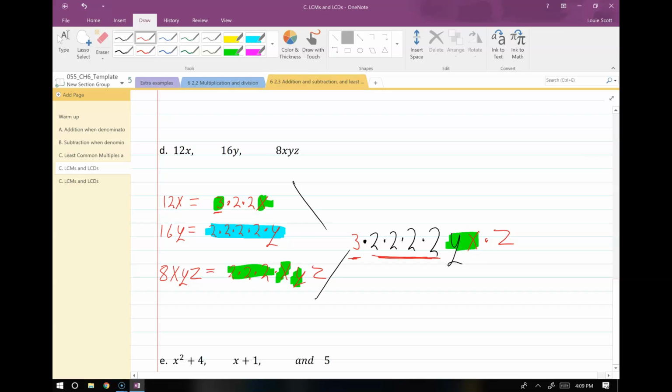It's kind of like you just say, what's the most factors that one of these contains, and that's how many have to be over here. If one of these down here, suppose I had 9x, and this was 3 times 3 times x, I would have to multiply one more 3 into my LCD, because then I'd have one of these terms with more factors.